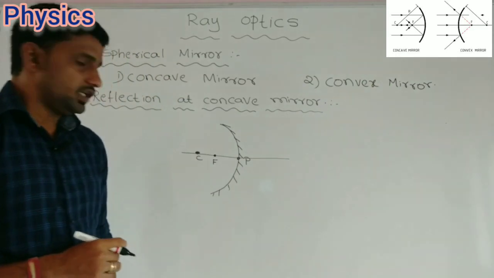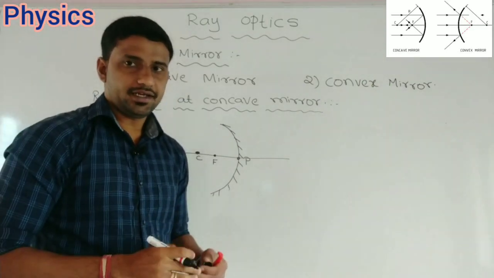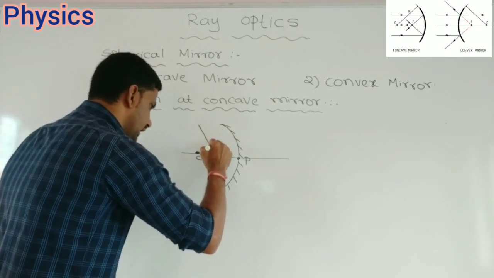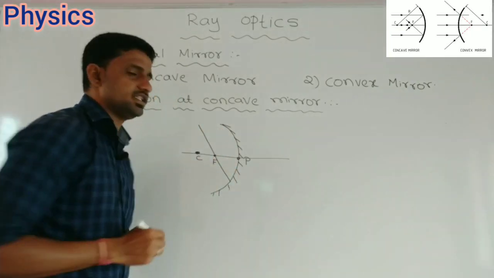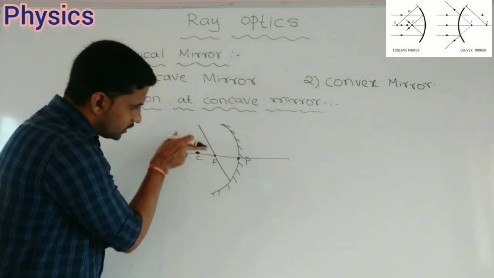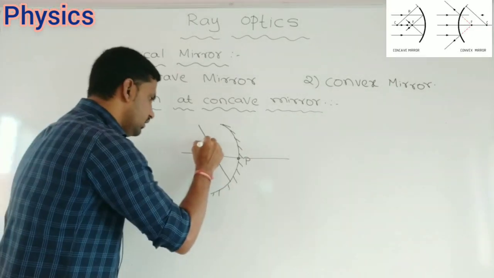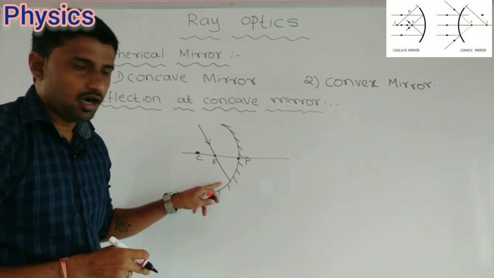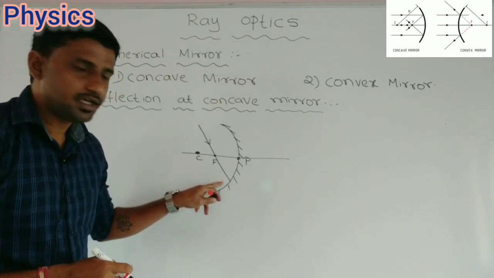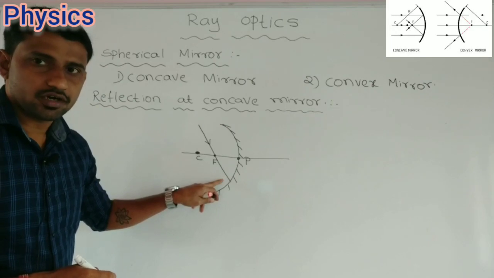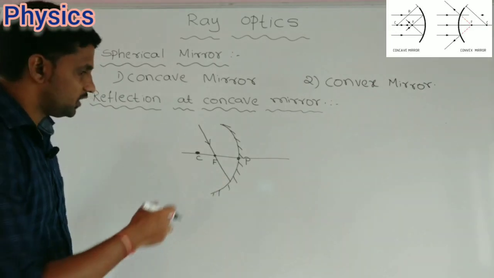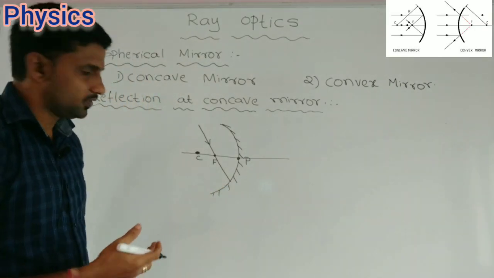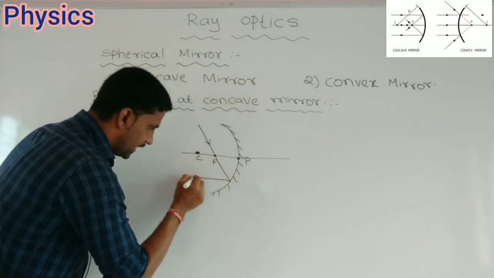If I send a ray of light along the principal focus like this, it will hit the reflecting surface of the concave mirror. After hitting the reflecting surface, it will bounce back. But how does it bounce back? It bounces back like this.